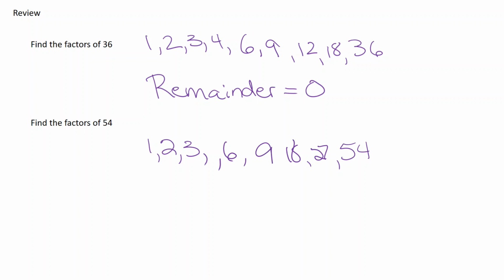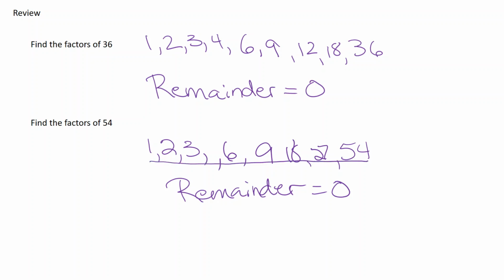And there's all of our factors. And again, the key thing is that they all have a remainder of 0. I just want to remind you that each of these numbers is a factor of 54.